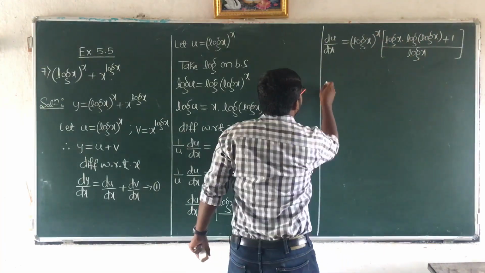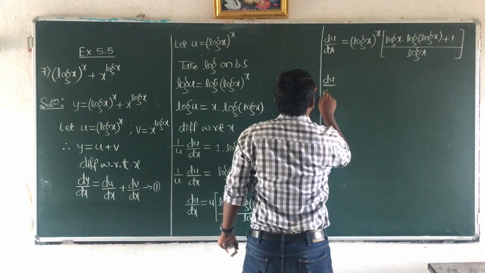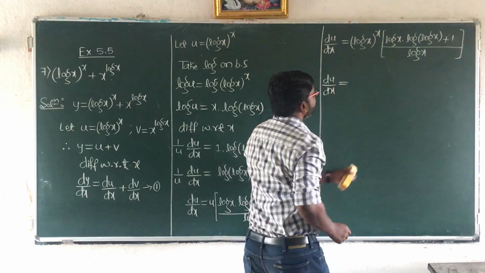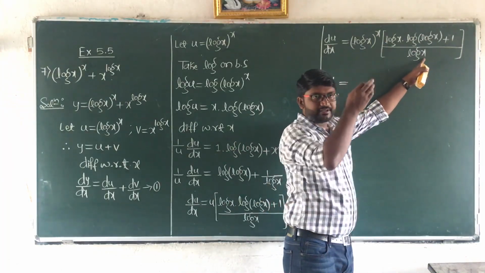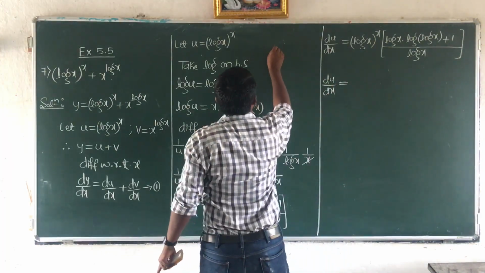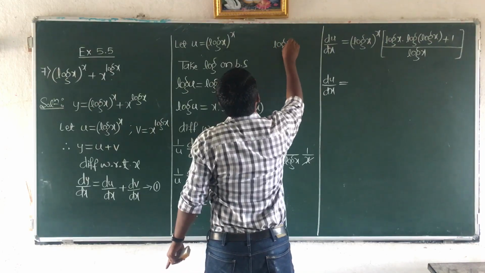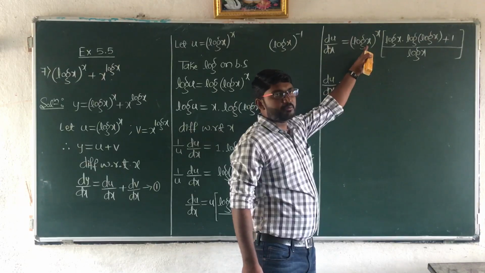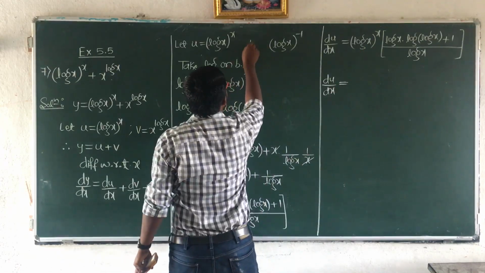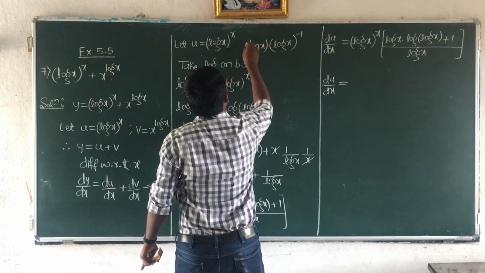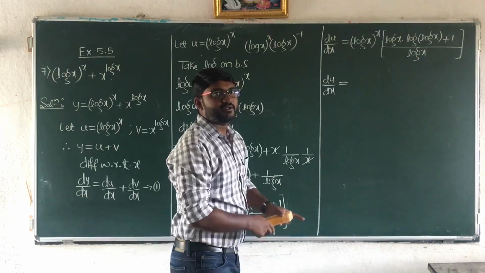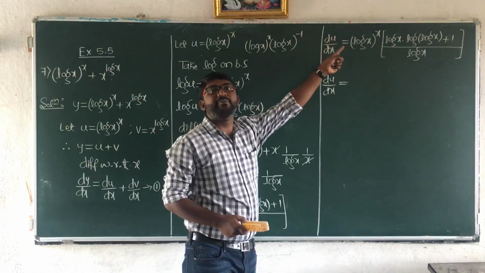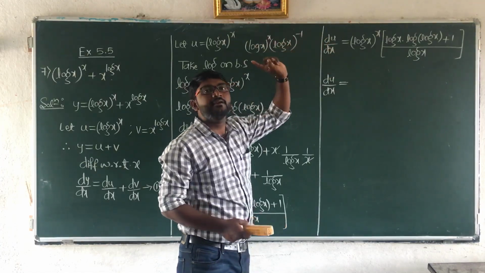So now see here, du/dx is equal to, if you take log x to the numerator, it becomes (log x) to the power minus 1, and we have one more term here, (log x)^x. So what happens now? a^m into a^n is equal to a^(m+n). Powers will be added up now.